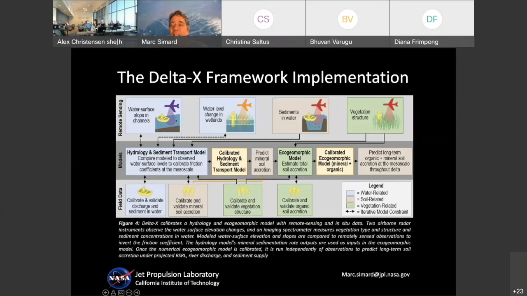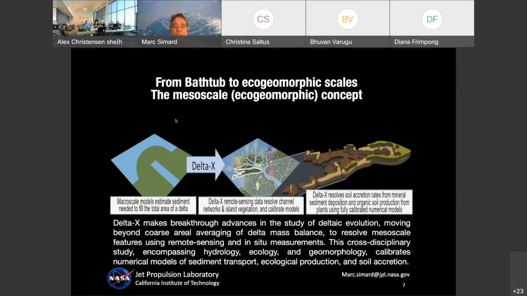The remote sensing here gives us a broad perspective of the processes that are happening on the ground. So Delta X brings the scale of the models from the typical bathtub models to the eco-geomorphic zones.